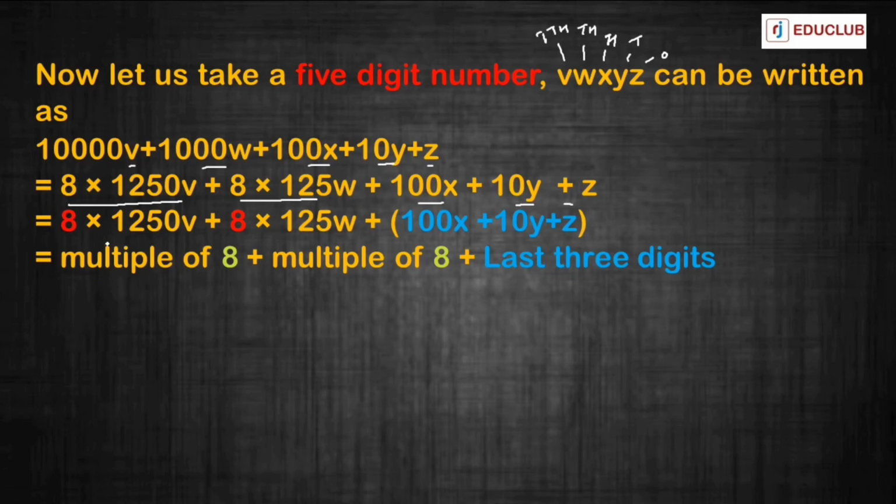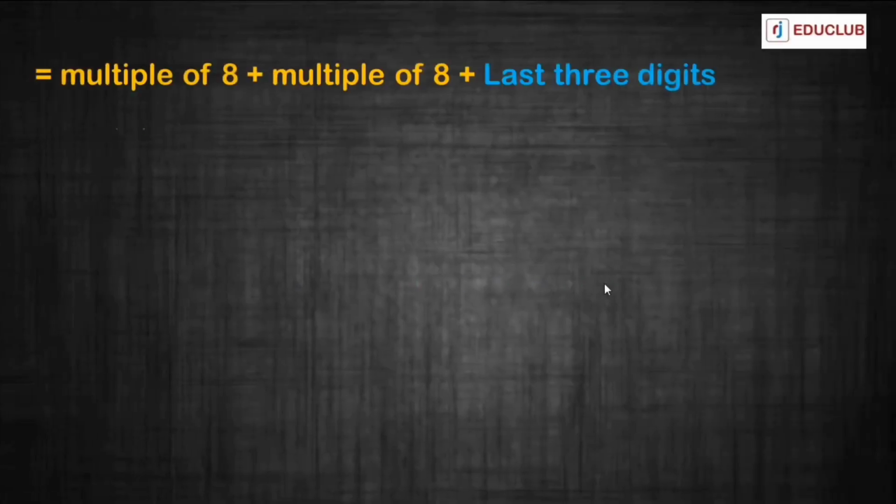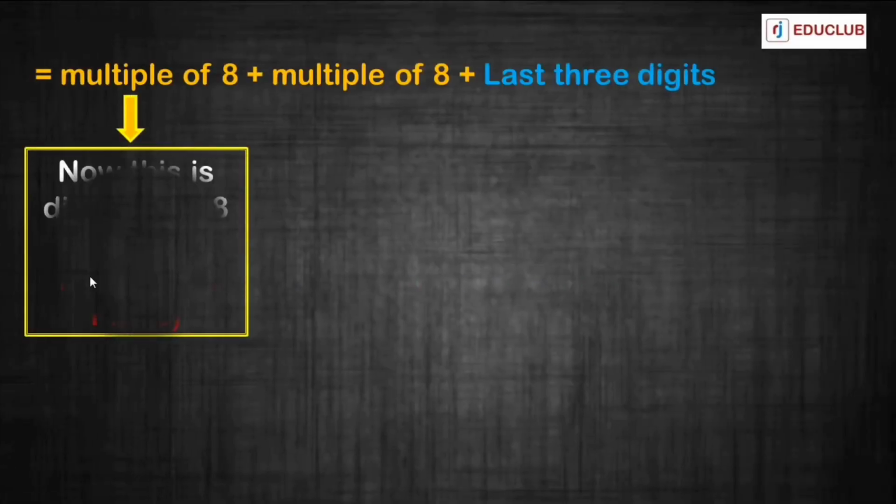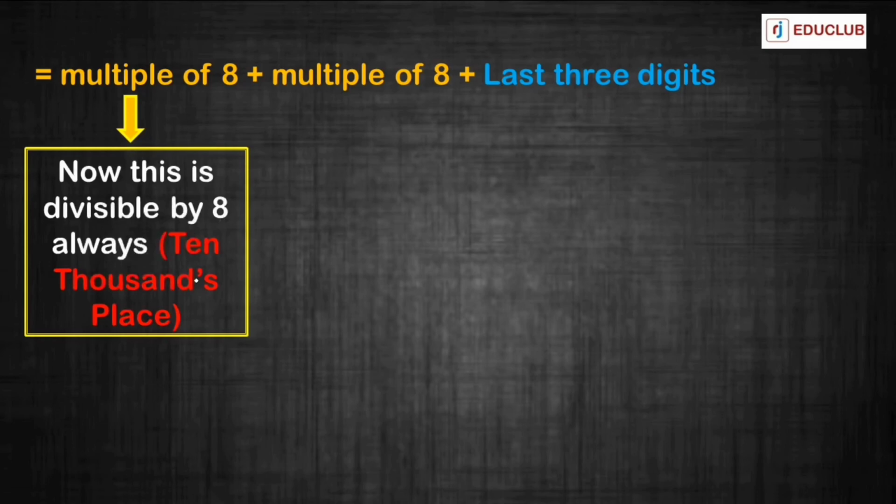Now this is a multiple of it, this is a multiple of it, and we have taken these together, 100X, 10Y and Z. These are basically the last 3 digits. So this is a multiple of it, this is a multiple of it, and these are the last 3 digits. So if these are a multiple of 8, this number is always divisible by 8. The 10,000 place digit term will always be divisible by 8.